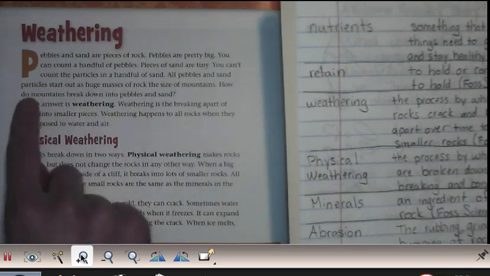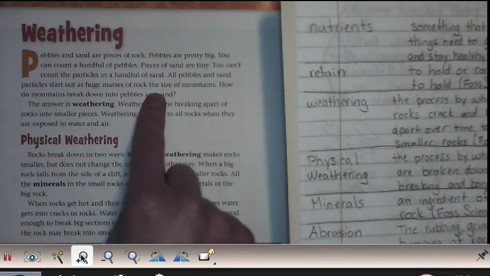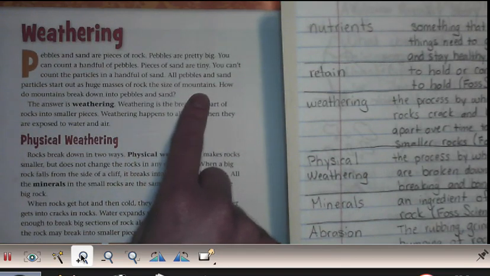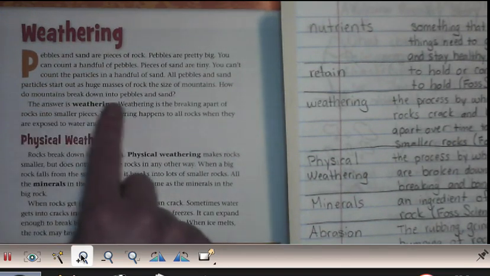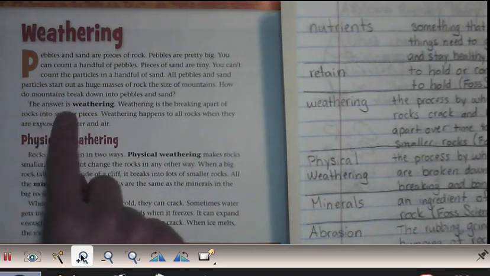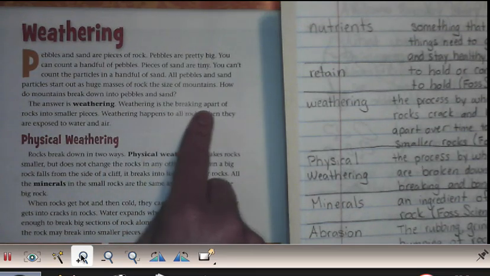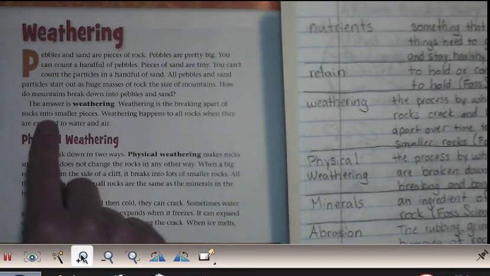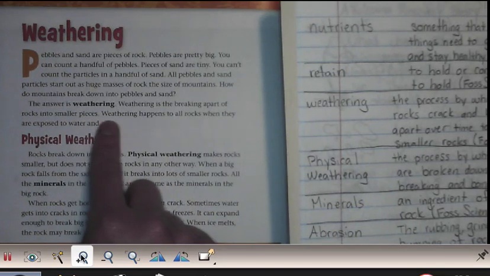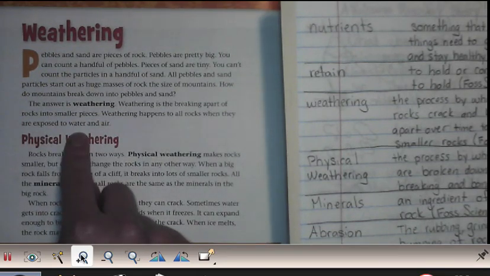All pebbles and sand particles start out as huge masses of rock the size of mountains. How do mountains break down into pebbles and sand? The answer is weathering. Weathering is the breaking apart of rocks into smaller pieces. Weathering happens to all rocks when they are exposed to water and air.